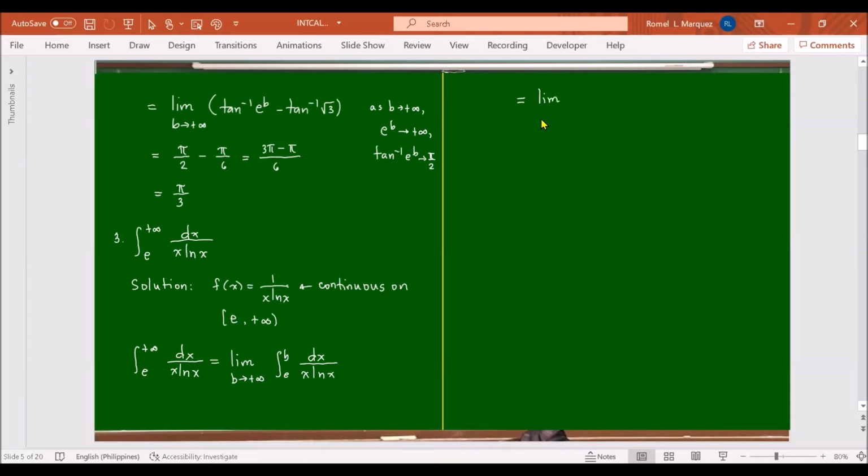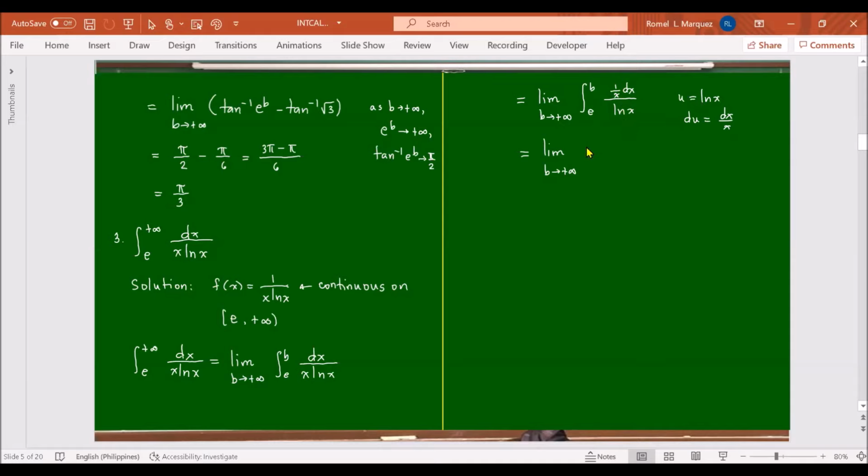We can put this x in the numerator, getting 1 over x, then multiplied by dx over ln x. So I can take my u as ln x, and its du is equal to dx over x, which is the numerator. So therefore, this is equal to the limit as b approaches positive infinity of the integral of du over u.